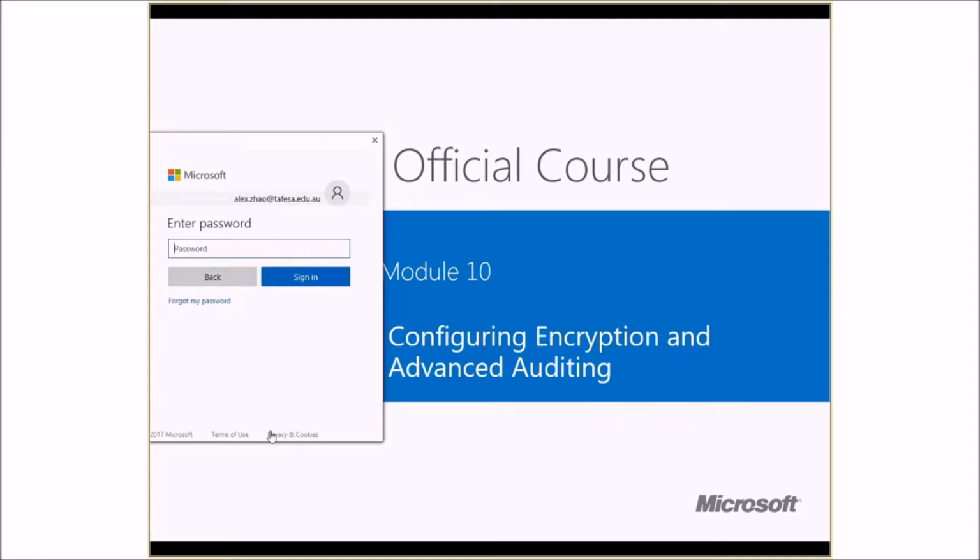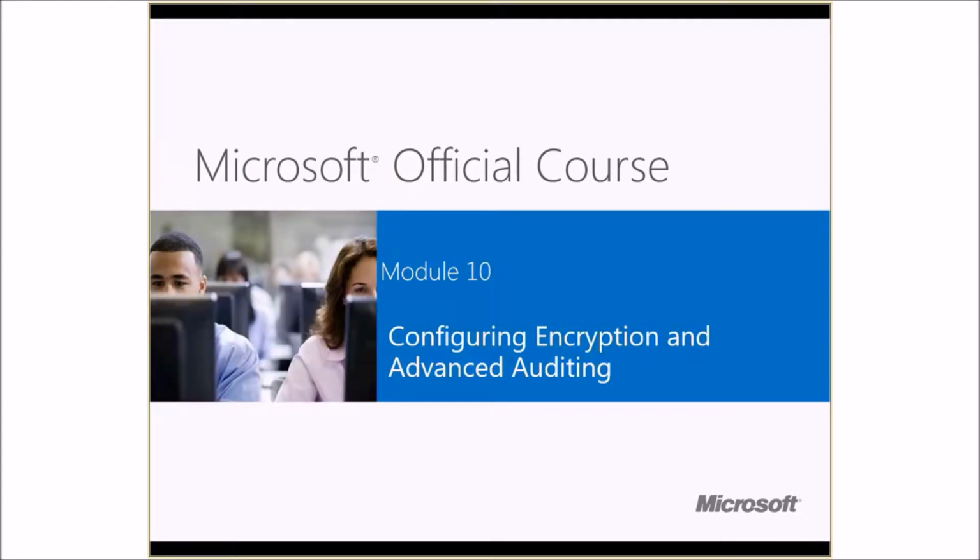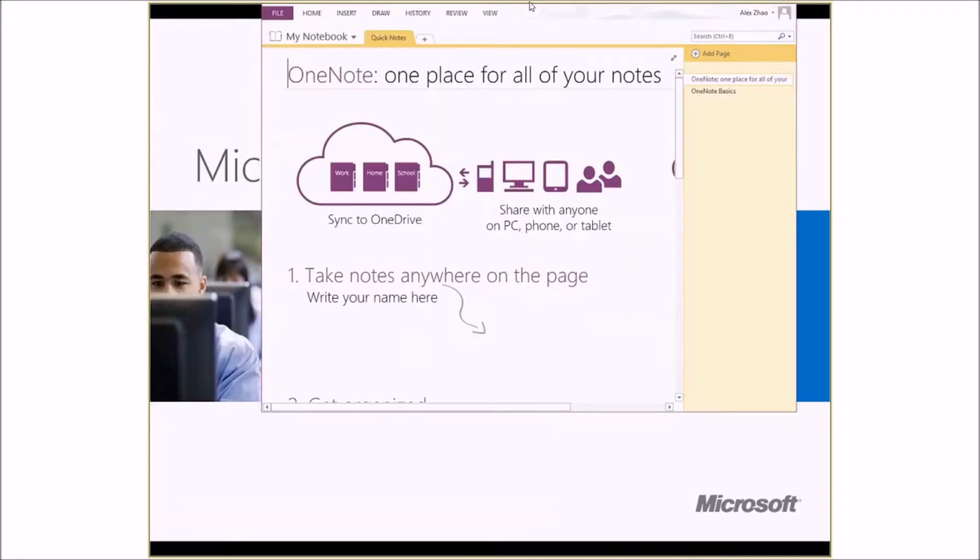So I'm just signing in. So if you guys have not used OneNote before, what's going on here? No. All right. So I'm not going to use OneNote today. For some reason, I am going to use OneNote, but it's not going to connect up to my thing.